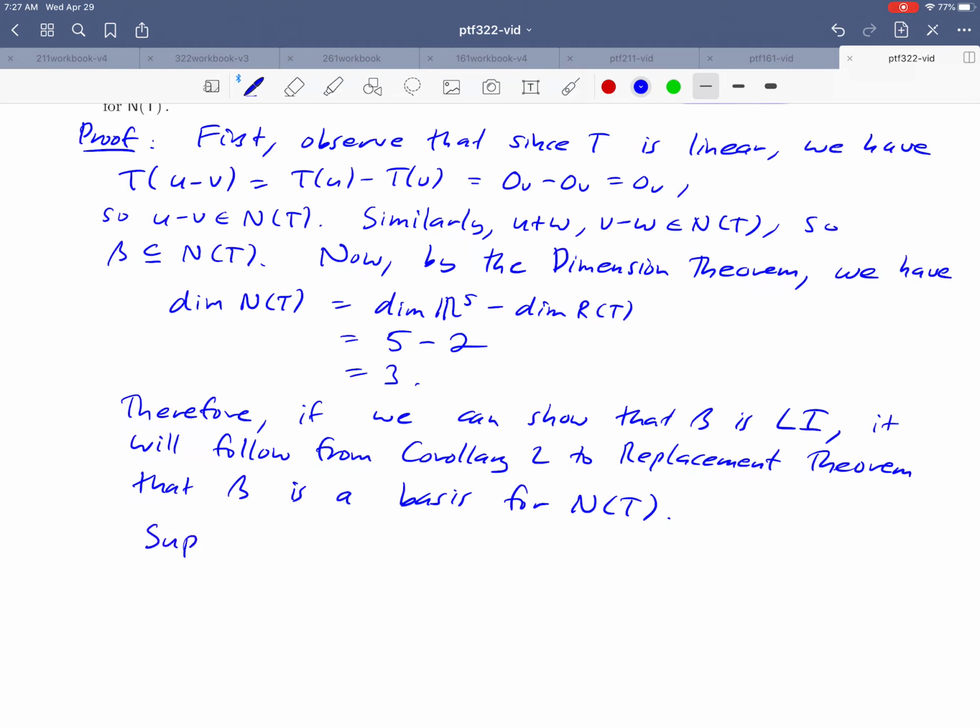We're going to start with a linear combination of these vectors, set equal to 0.